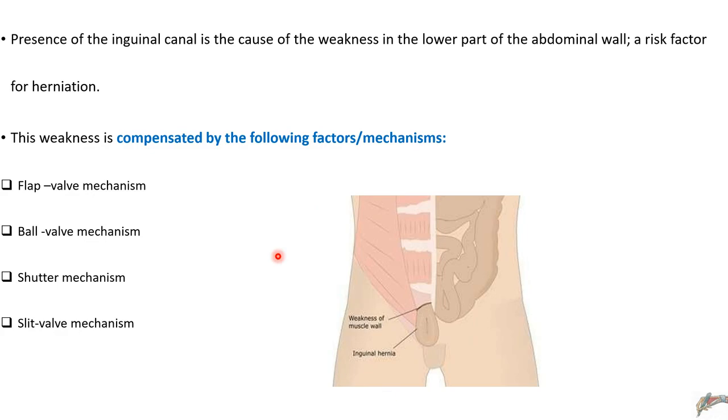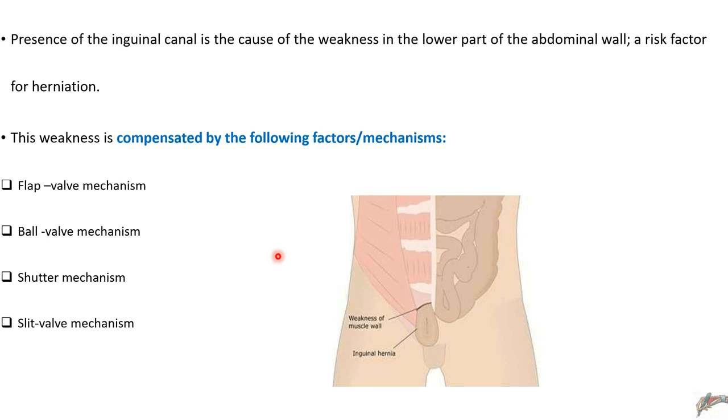Remember, it's a passageway. Okay, so it's possible for structures to easily go through. You understand? But of course, anatomically, our body is made in such a way that there are factors that reduce occurrences of herniations easily occurring within the inguinal canal.